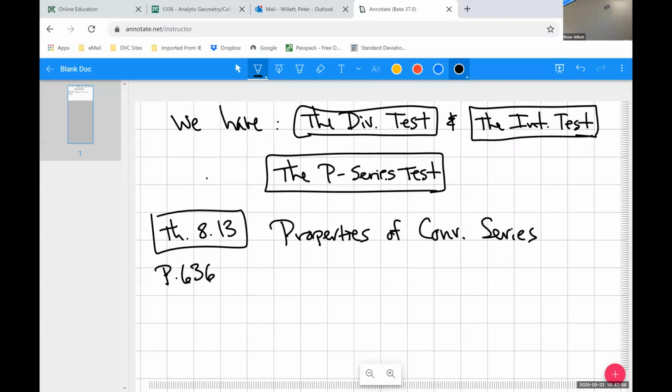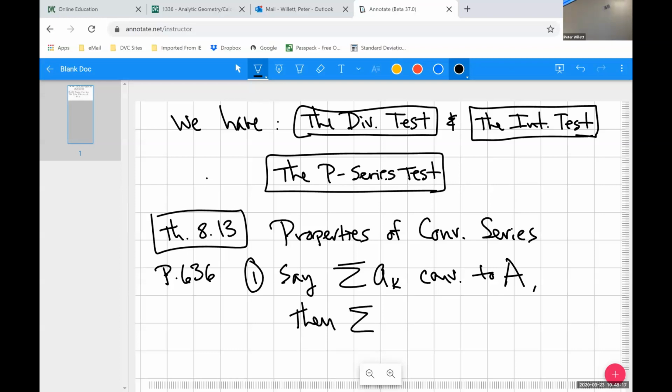So for example, let's say that the series of a sub k converges to some number A. Then the series where you have a constant multiple times the terms of the other series will converge to the constant times A. Basically, when you're dealing with a convergent series, you can pull a constant outside.